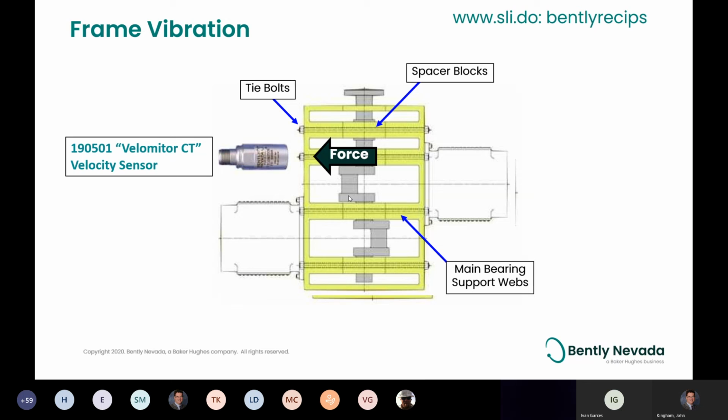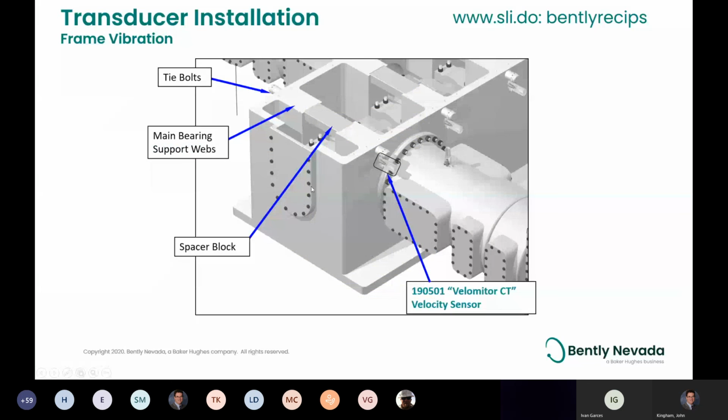Okay? And here's just another picture of essentially the same thing. So we have our transducer here. We do recommend that you have 1 velometer per throw if you're doing this for condition monitoring. If you're doing it for protection, use 2 probes per throw.